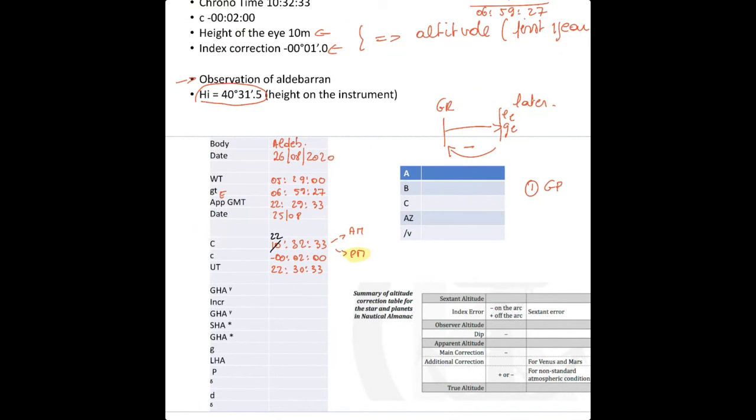So we need to determine the GHA and declination in order to get our polar angle. Those are the elements that we need to calculate HC.